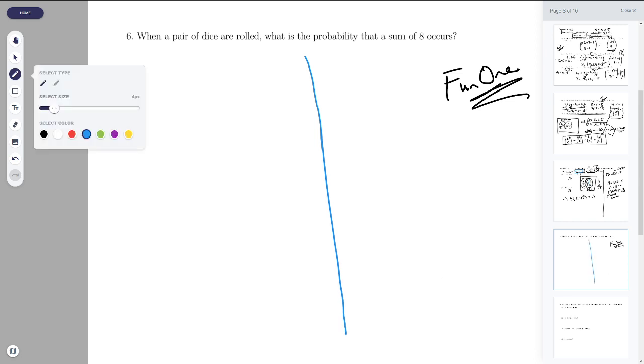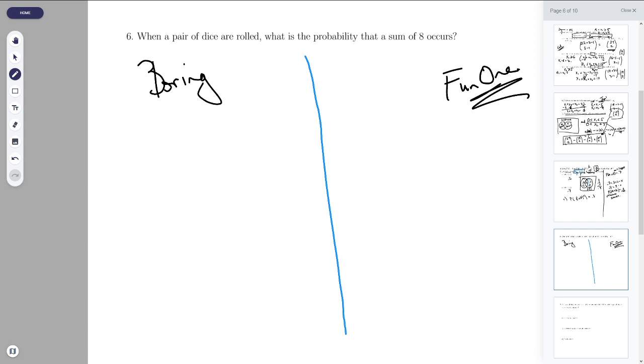There's two ways to do this problem. There's the boring way, and there's the fun way. So let's do it the boring way first.